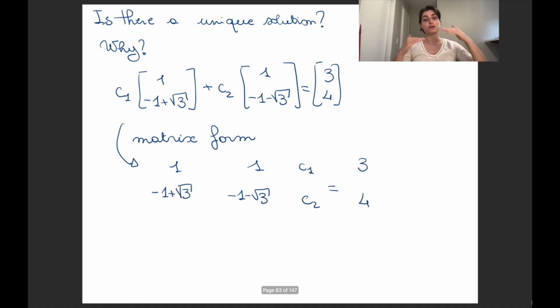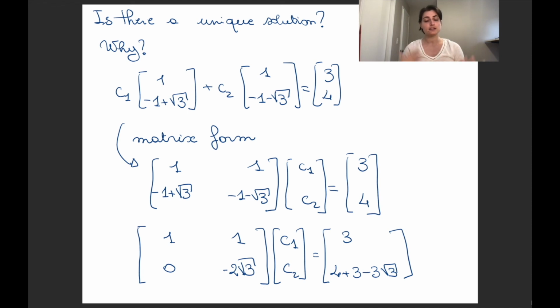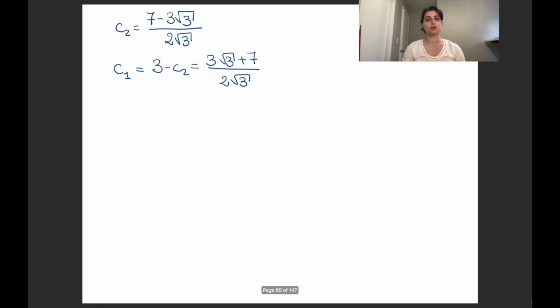The same way we go for the second line: second component of xi1, second component of xi2, multiplied by c1, c2, equal to the second component of the initial condition. And this, we can do multiple things, but either way, we can solve it as a 2 by 2 linear system. That will give us some values of c1 and c2.